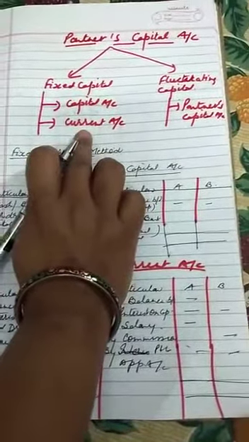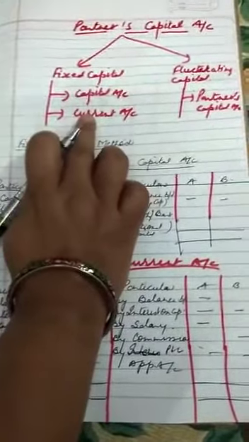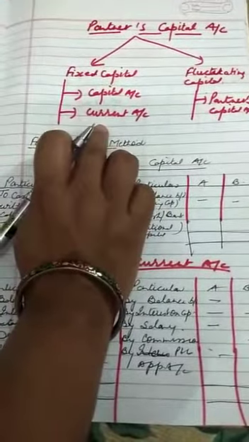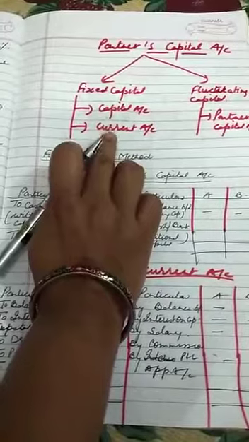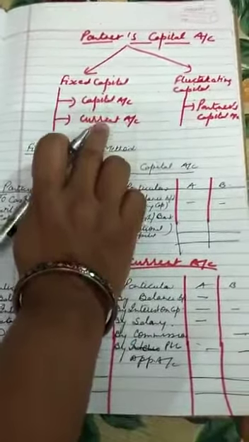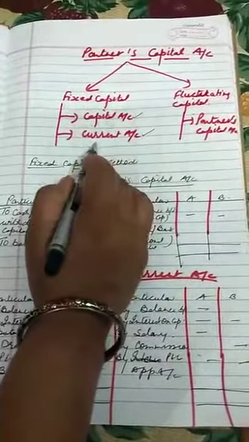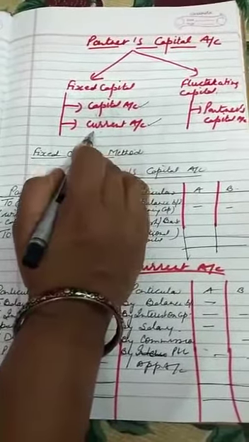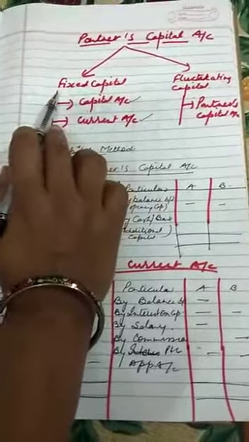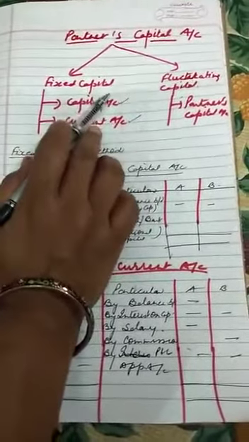We use the fixed capital method when the question indicates it, or when the capital balance and current account balance are given in the question. Then we assume the firm uses the fixed capital method.